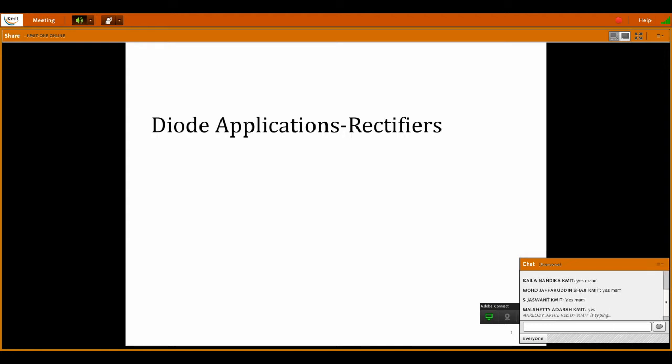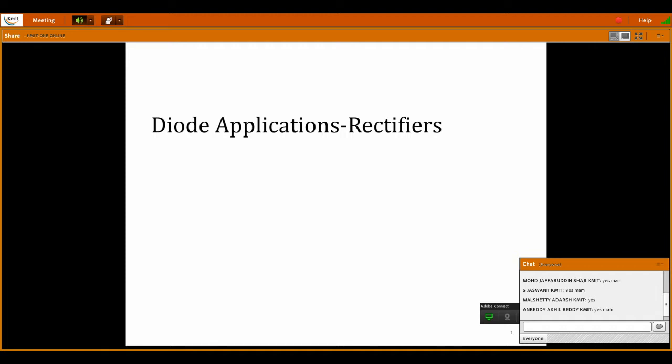Okay, ma'am. Okay. So today's topic is the diode applications as rectifiers. There are many applications of diodes. The first and foremost application is the switch. A diode conducts in the forward direction. When a diode is in forward bias, it acts as an on switch.